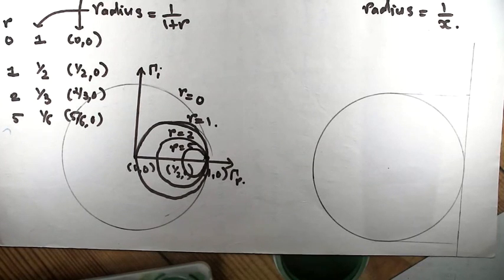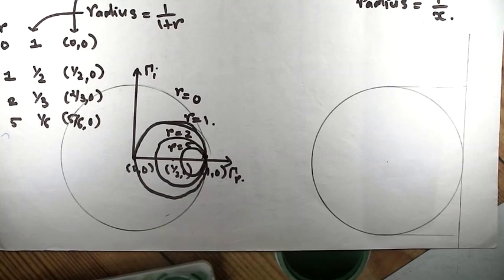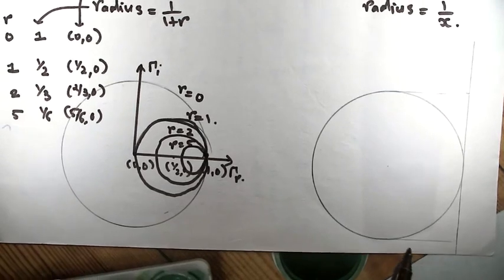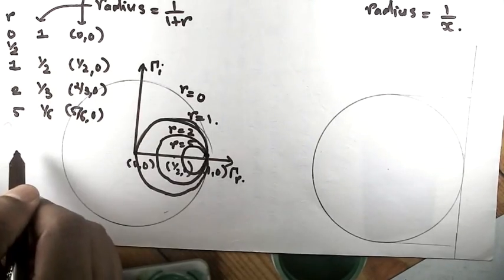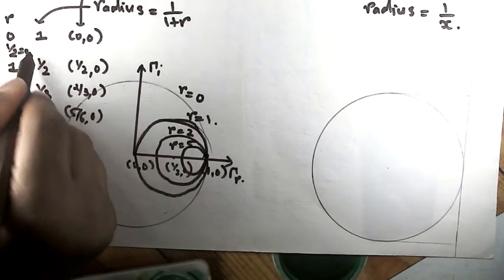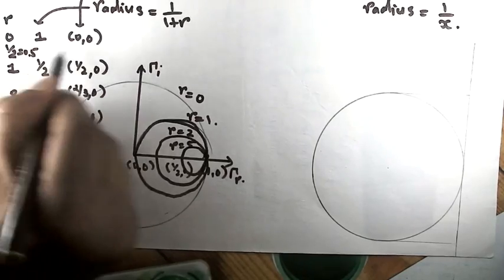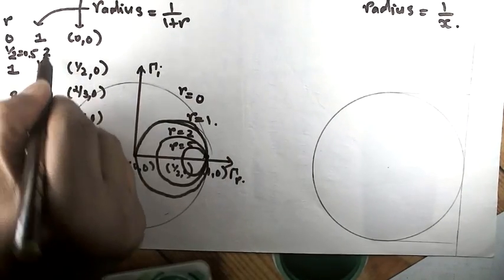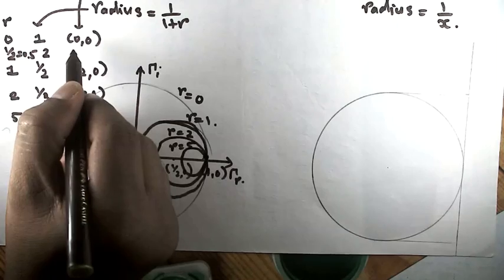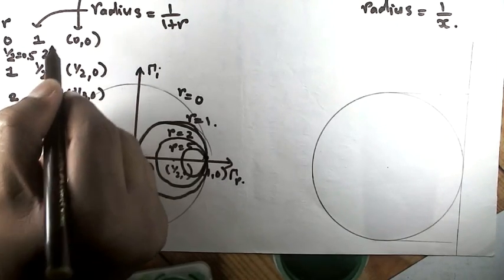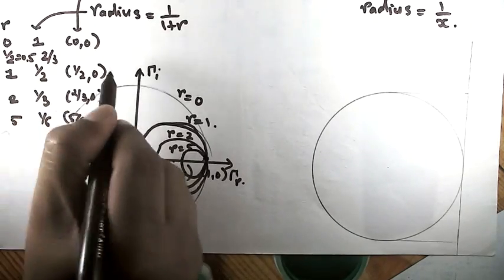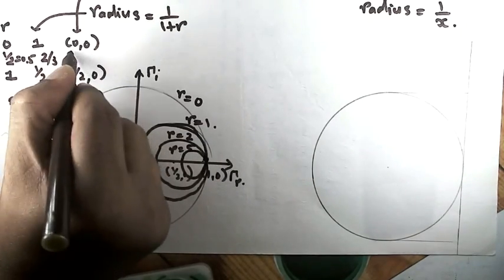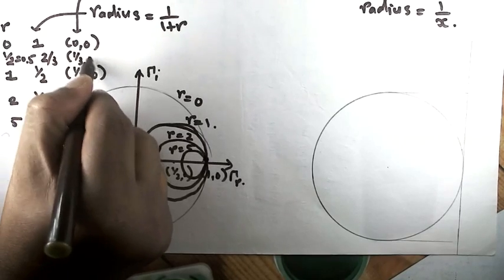Let us once again put some smaller value of r. Let us take r equal to 1 by 2, which is nothing but r equal to 0.5. For 0.5, the radius becomes 2 by 3, and the center becomes 1 by 3 and 0.